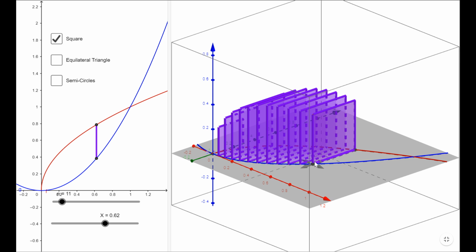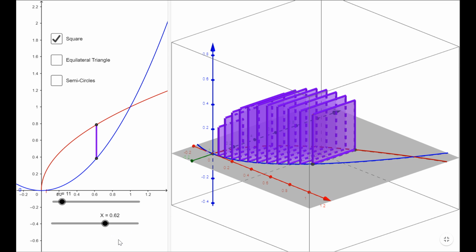Then whatever shape the cross sections are, they are perpendicular to the XY plane, which actually at that point we start using the word orthogonal, but orthogonal is perpendicular. So I want you to see the visual nature of what is being described.